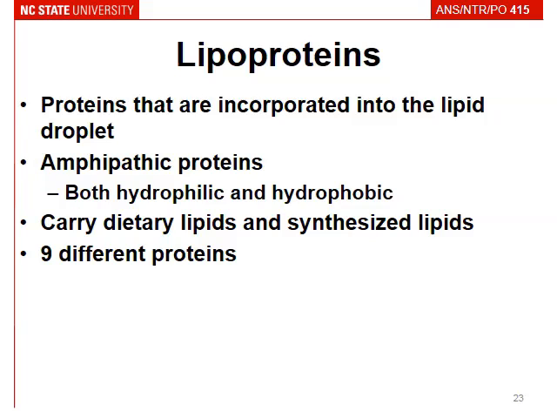So we have various different types of lipoproteins, and the type of lipoprotein is what distinguishes the different transporters of lipid throughout your blood. These proteins are amphipathic, so they are both hydrophilic and hydrophobic, and they carry dietary lipids and synthesized lipids. And we have 9 different proteins that make up these lipoproteins.